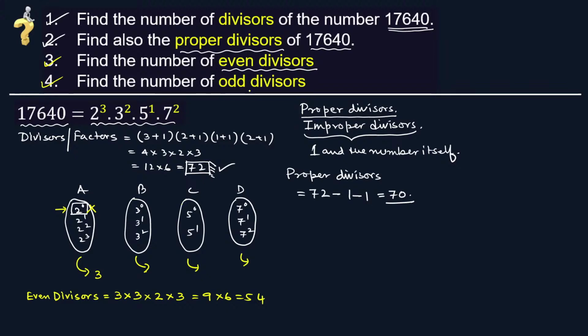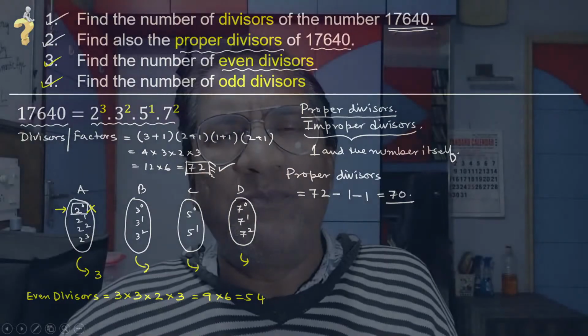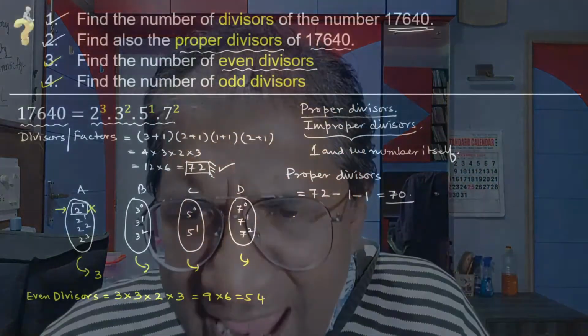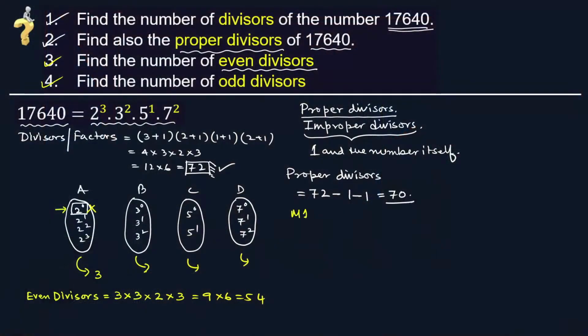Now see the second part. You have to find out the number of odd divisors. Now, one way of doing that, because your divisors can be either even or odd, no other option left. So one way of doing this, method 1, you know the total number of divisors, that is 72.